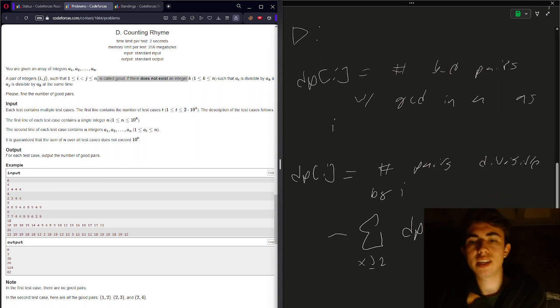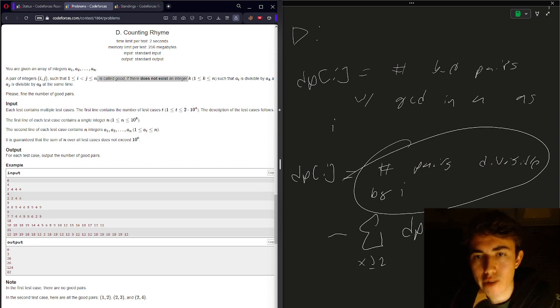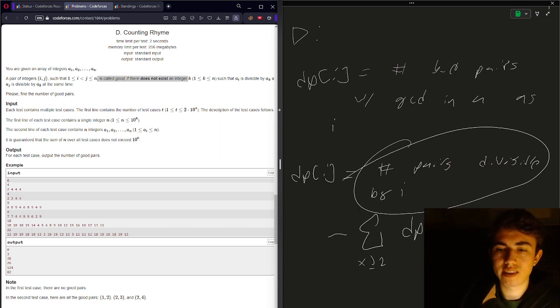So every single pair where both are divisible by I are bad pairs, but we'd be overcounting the ones that already had a greater common divisor. So we just subtract those out.